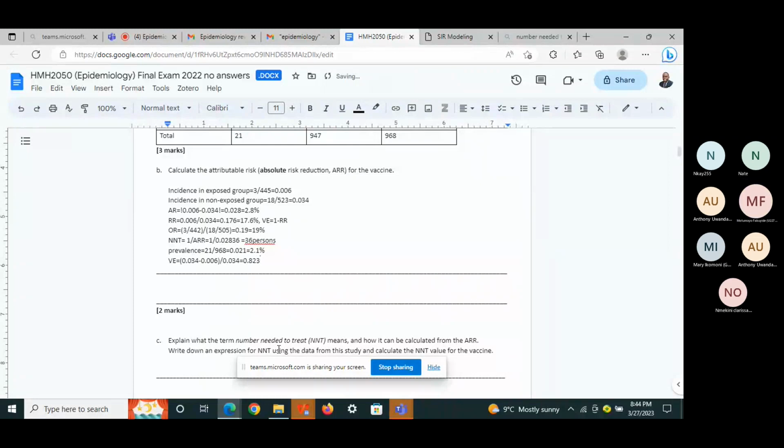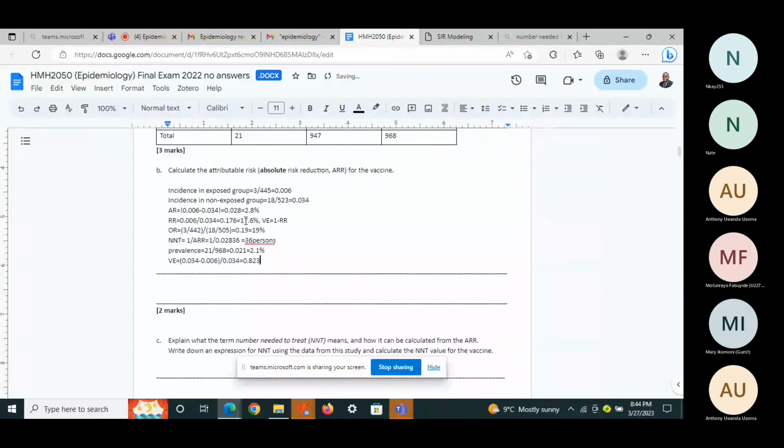Which is also the same thing as 1 minus the relative risk, 0.176. I think they're almost the same.